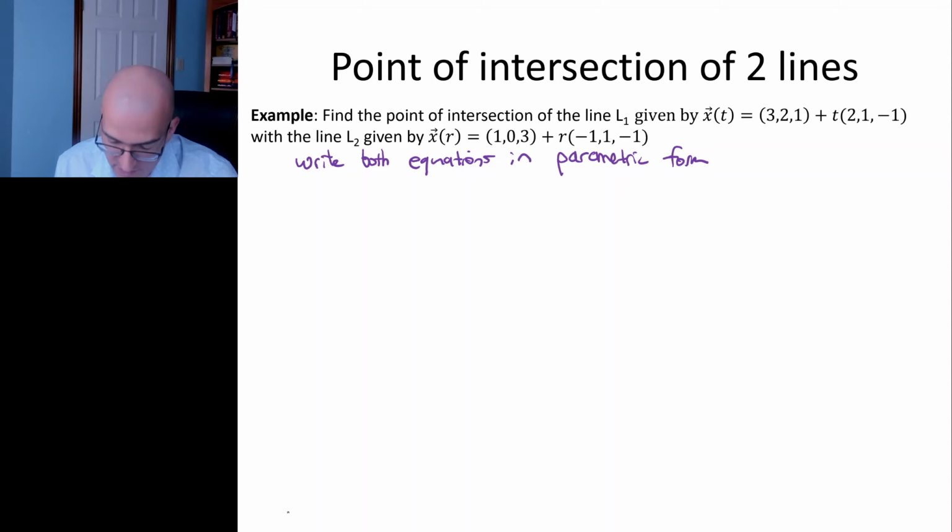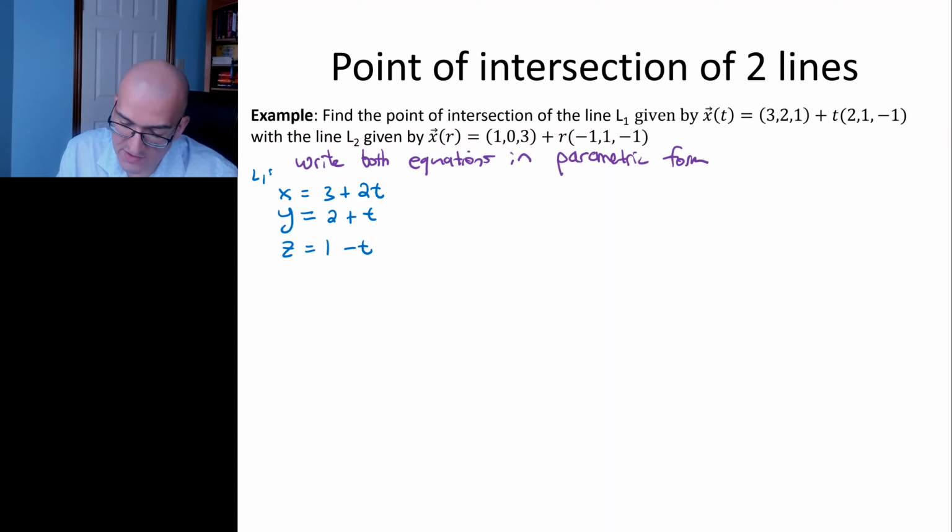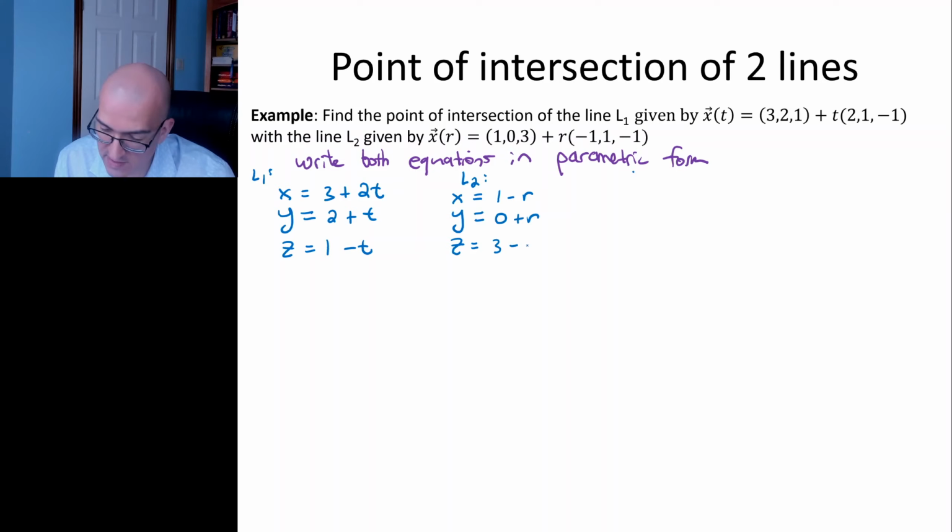So the first equation, line 1, is x equals 3 plus 2t, y is equal to 2 plus t, z is equal to 1 minus t. And for line 2, we have x is equal to 1 minus r, y is equal to 0 plus r, and z is equal to 3 minus r.